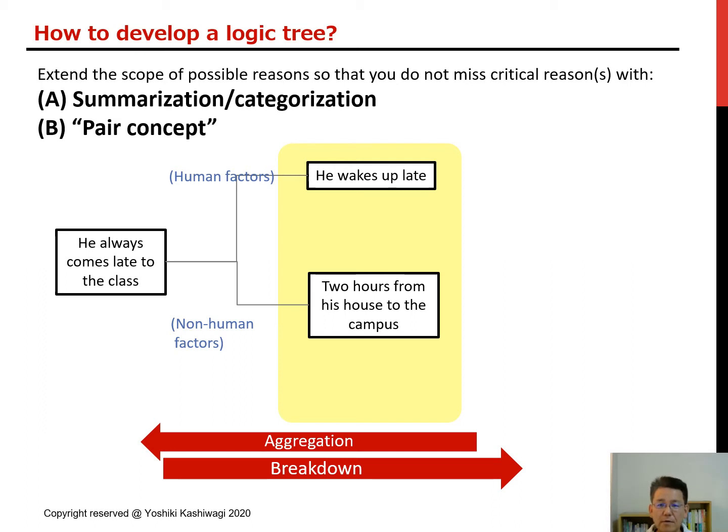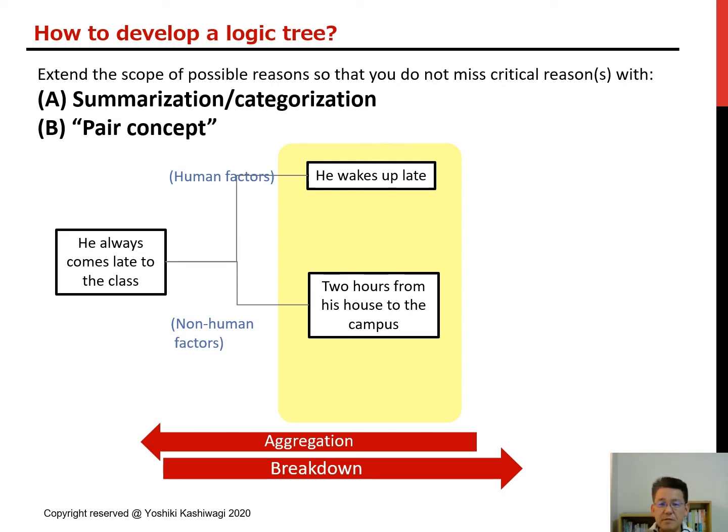So 2 hours from his house to the campus, this is a concept or category of the non-human factors. Then you can think of it again. Any other reasons under the non-human factors?